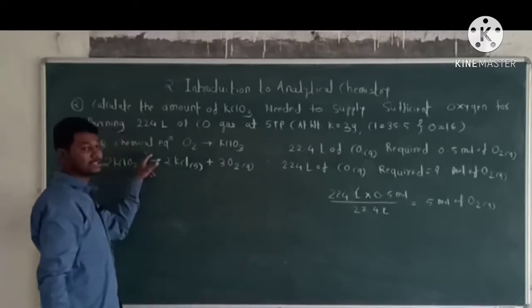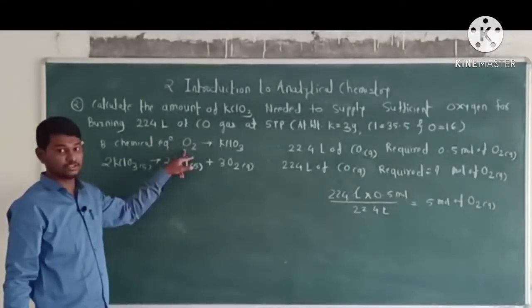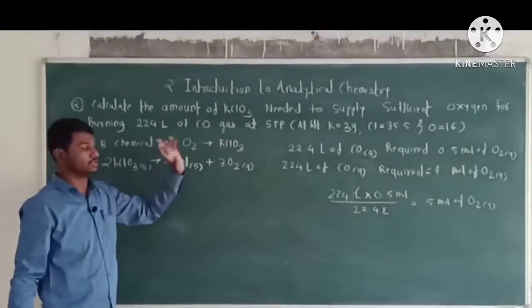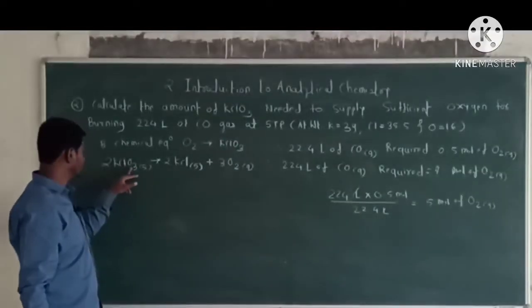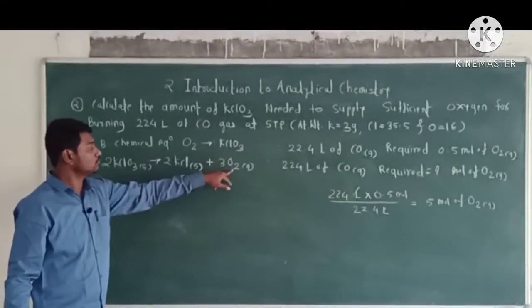The balanced chemical equation for the production of gaseous oxygen from KClO3 is 2 KClO3 solid gives 2 KCl solid plus 3 O2 gaseous.